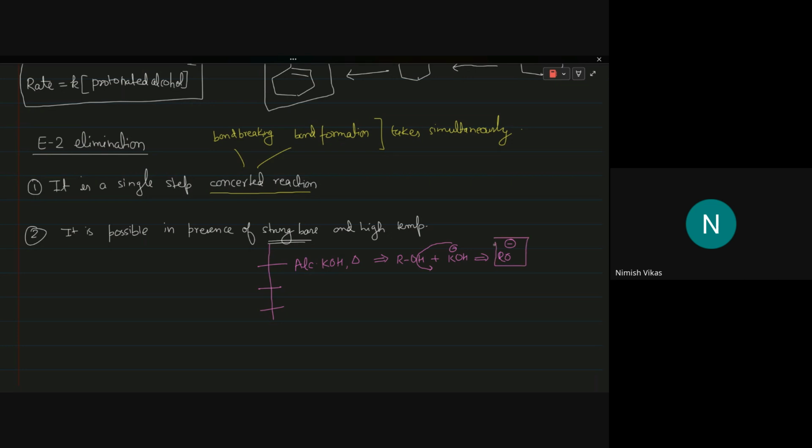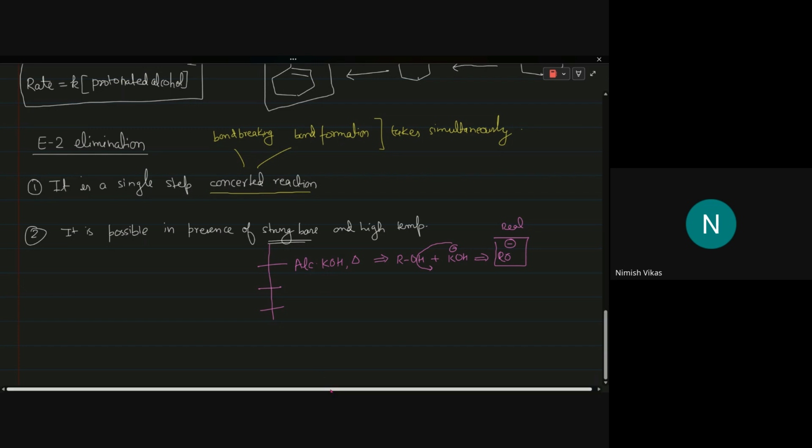In your mind it should be clear that it is not the KOH which is working as the base, it is the alkoxide ion. The next they can write is simply NH2 minus and heat, or they can simply write R minus and heat like this.